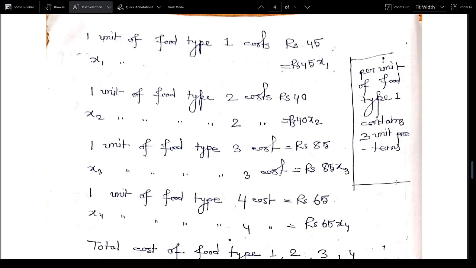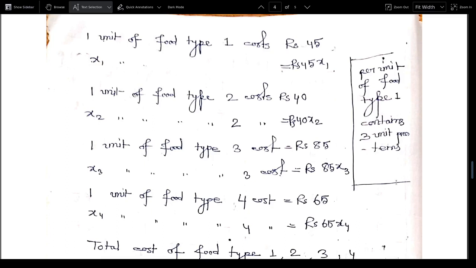So here we consider x2 units of food type 2 will be 40 into x2. Then per unit food type 3 cost is 85, so x3 units of food type 3 will cost 85 into x3. And then 1 unit of food type 4 cost is rupees 65, so x4 units of food type 4 will cost 65x4.